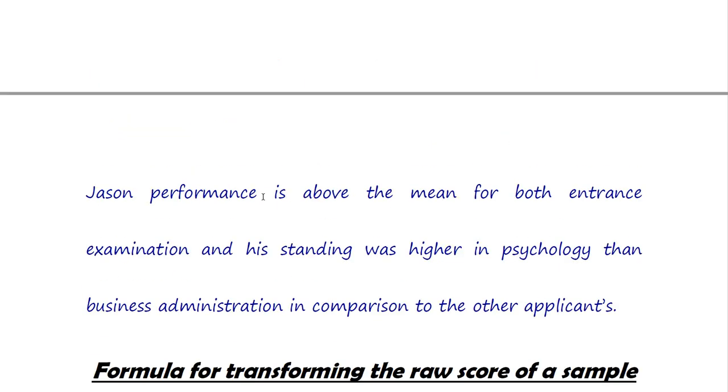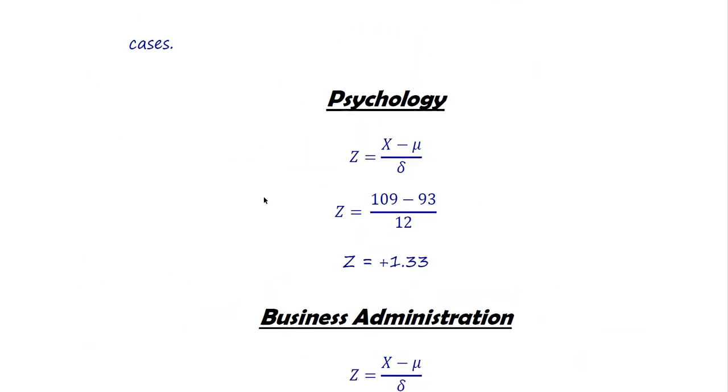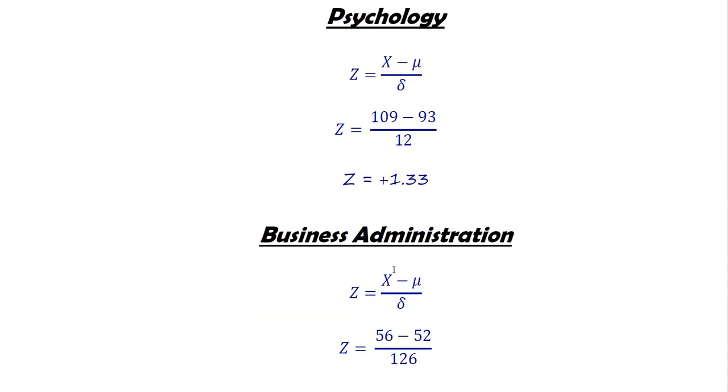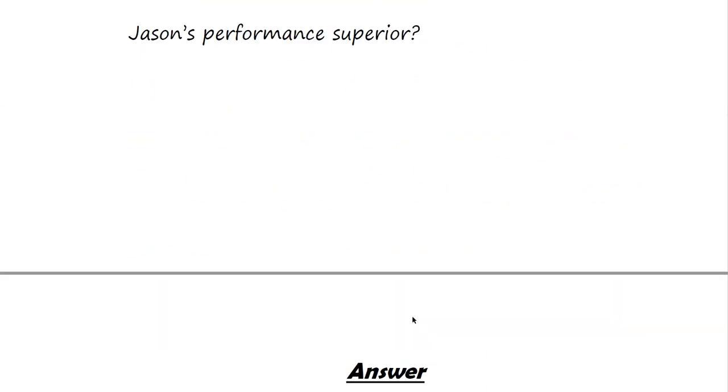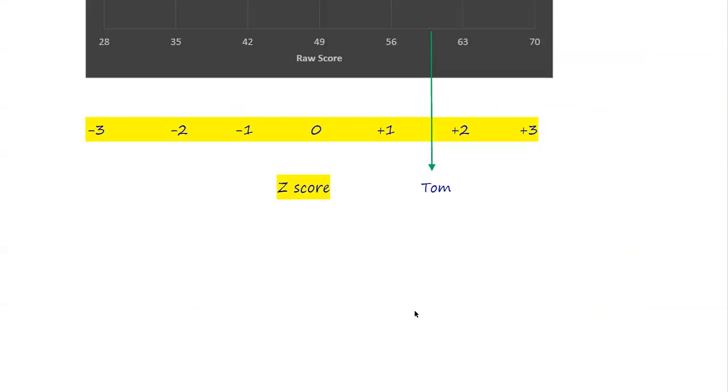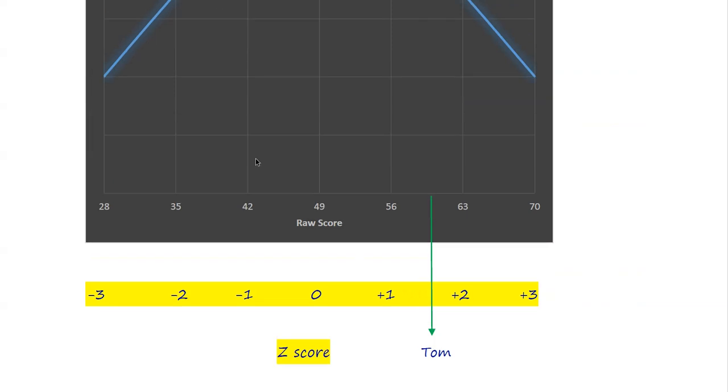We interpret these two results: Jason's performance is higher than the mean because the plus signs show it. We see in our diagram that the plus sign is on the right side, meaning performance is above average, and a negative sign below average means the performance is low.